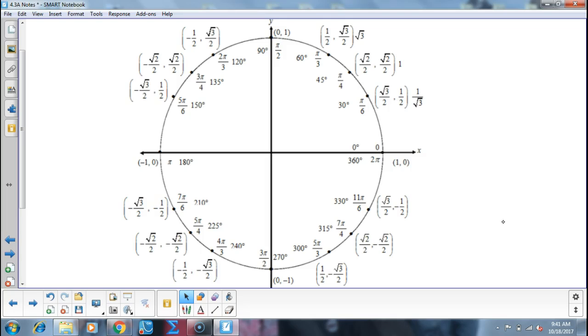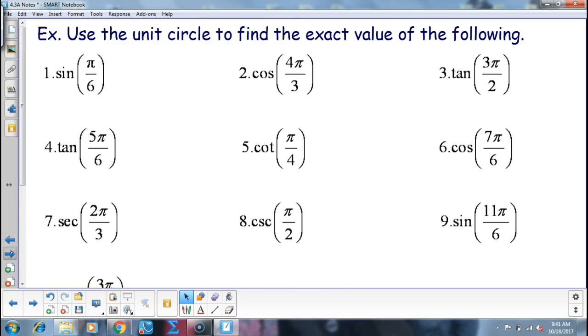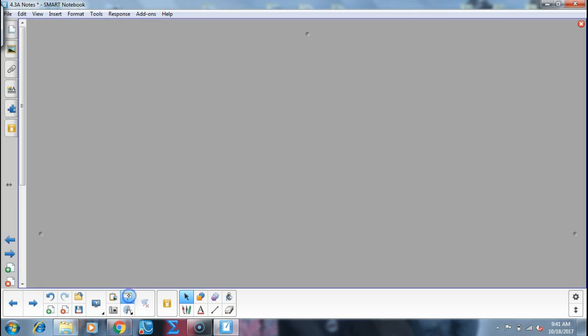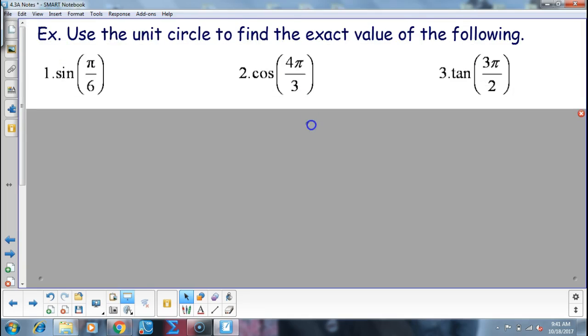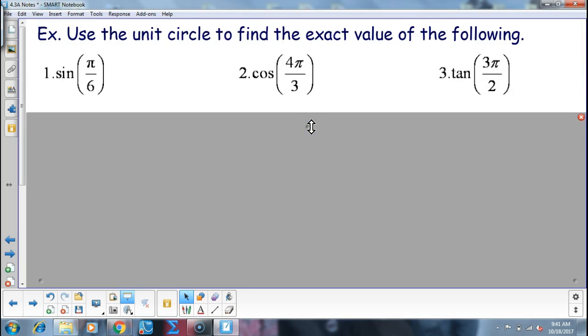Okay? Now, where we're going to use that is to shorten things up for us. For instance, we can look at the sine of pi over 6.